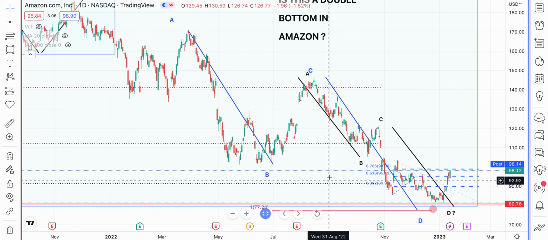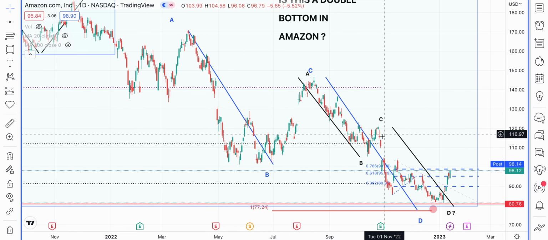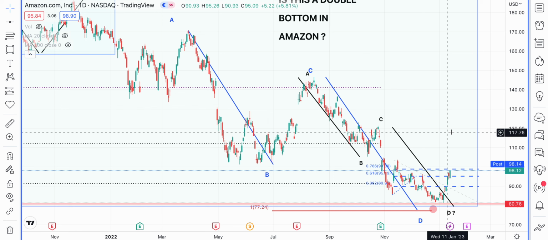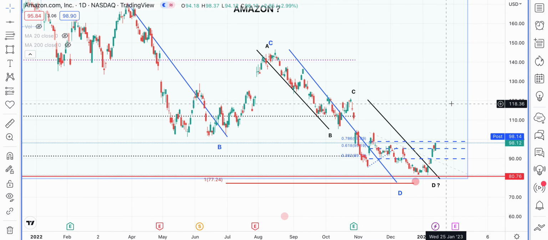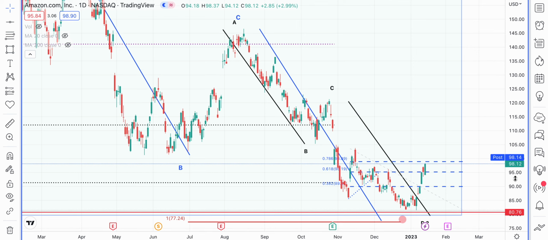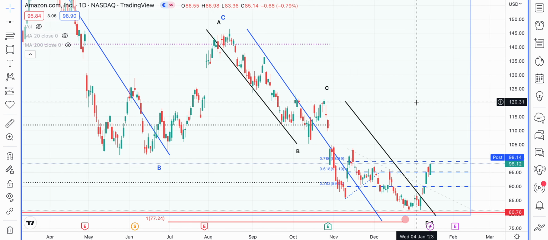Also within this larger ABCD, we had a smaller ABCD identified in the black line. So we had a confluence of quite a few things coming together, which gave us good confidence that this is an important level to be watching and potentially a double bottom in the stock of Amazon.